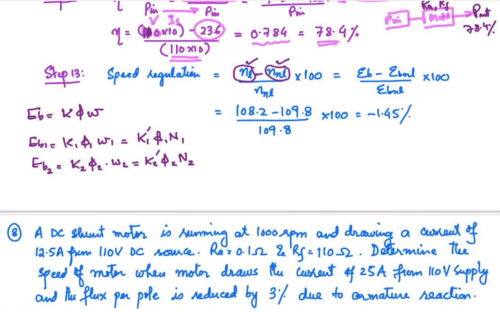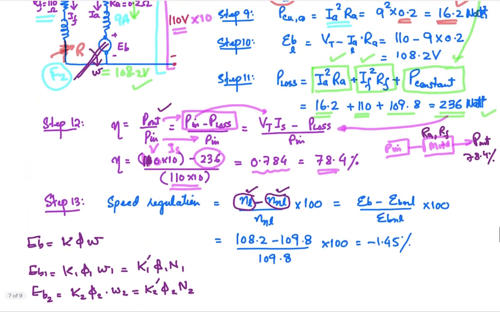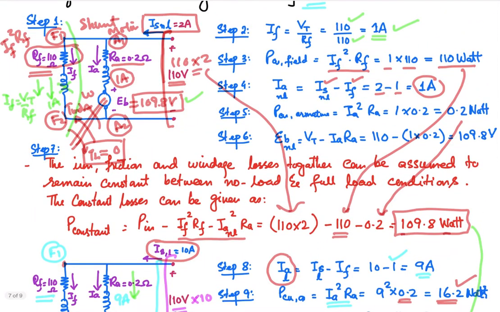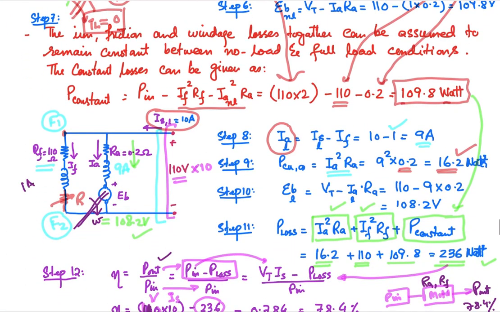Now, as we have a shunt machine, the flux is not going to change. You can see the field current was 1 ampere in this case, and over here it is also 1 ampere. The flux has not changed.